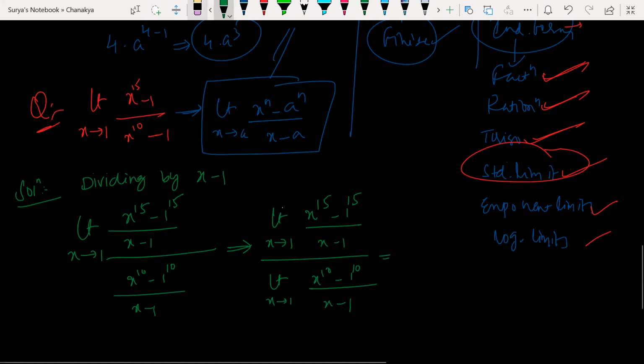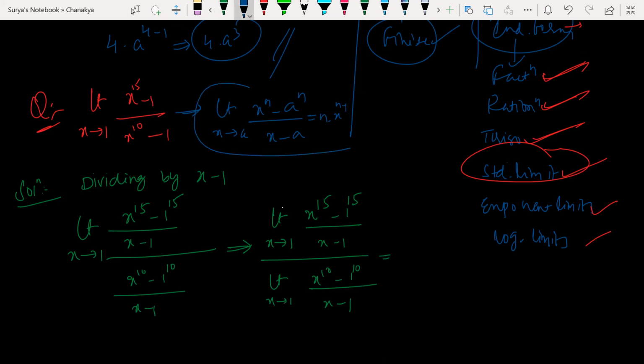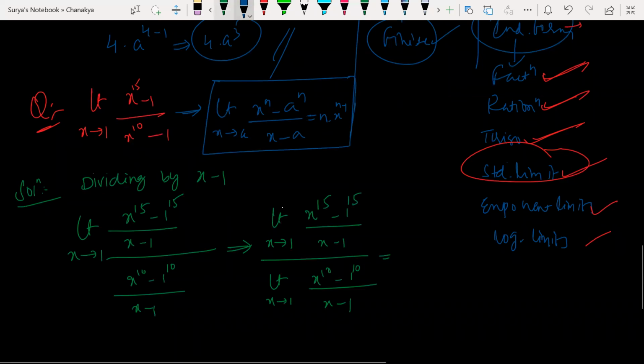I have to apply the formula, what was the formula? n into x to the power of n minus 1. This was my formula, isn't it? So what is the n value here? 15. n into x to the power of n minus 1, divided by, what is the n value in the denominator? n into x to the power of n minus 1.